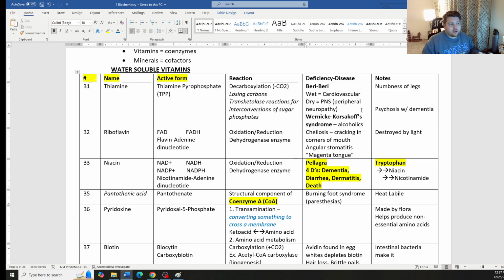Additionally, another disease that we see is Wernicke-Korsakoff syndrome. This is a thiamine deficiency due to alcohol. Because they're drinking so much alcohol, they don't have a proper diet, they don't get enough thiamine, and as a result, they can have a lot of potential issues with that.